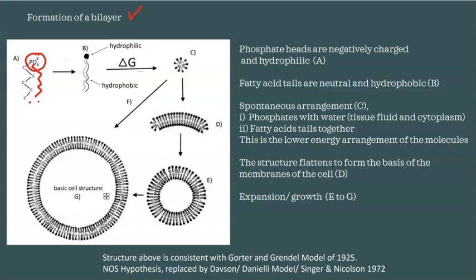And then we remember we characterize the head area, the phosphate area, as being hydrophilic, and the tails are hydrophobic. Delta G refers to Gibbs free energy and our prediction that these molecules are going to organize themselves into the lowest energy organization possible. And that begins by them turning the tails towards each other, like we have here.